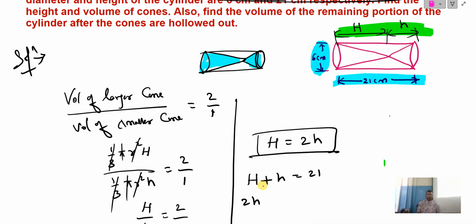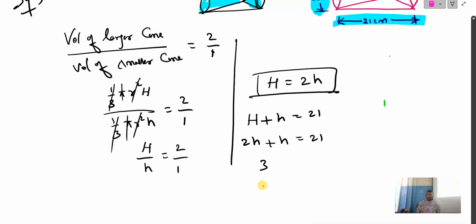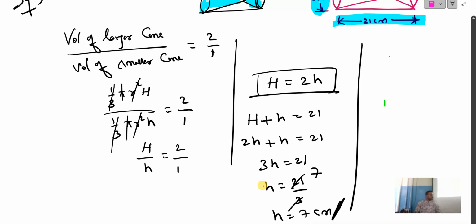Now, what they are asking here, come to the step. They are asking to find the volume of the remaining portion. How to find the volume? Volume of cylinder minus volume of bigger cone minus volume of smaller cone. Are you getting my point? It's easy, isn't it?